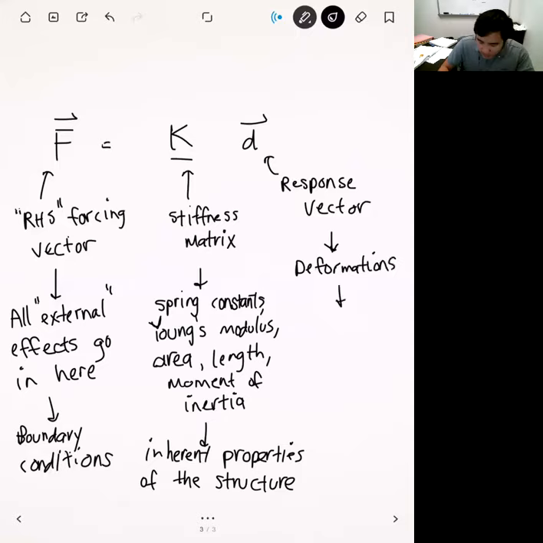The reason I call it the response vector is that we have the structure with all its own properties that make the structure who it is, its geometry, its material properties. And then onto that structure, we're going to be applying external effects from the loading. The response vector is basically how the structure itself responds to the external loadings.